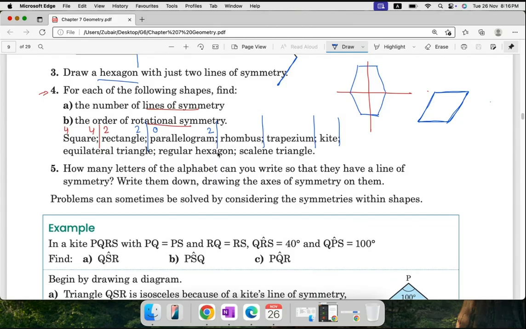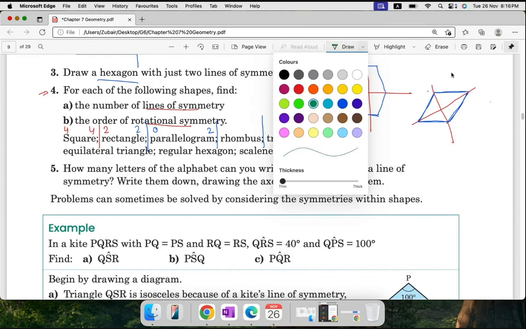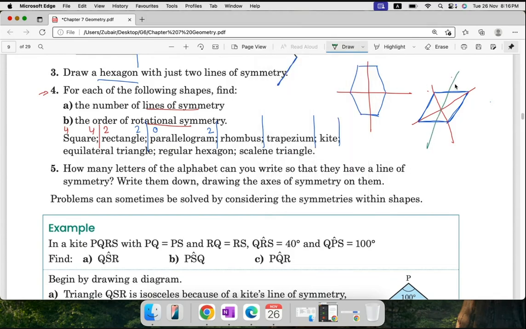I think four. It will have two lines of symmetry. One is this diagonal, the other is this diagonal. And see, this side is acute angle, this side is obtuse angle, so this could not be the line of symmetry. There are only two lines of symmetry and two order of rotation.